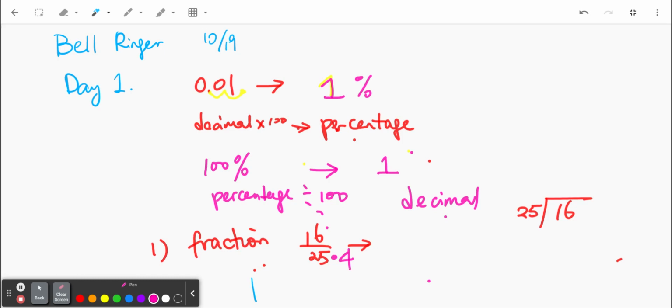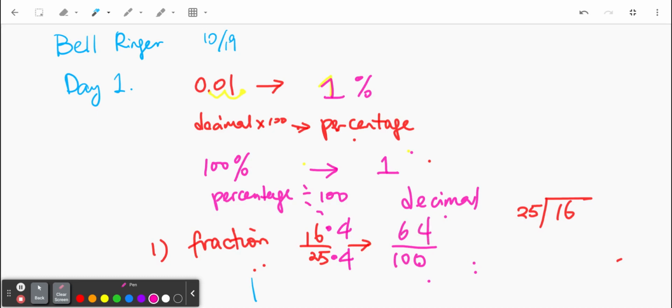If you multiply by 4 at the bottom, what do you have to do on top? Multiply by 4. So the bottom becomes 100, and the top becomes 64.